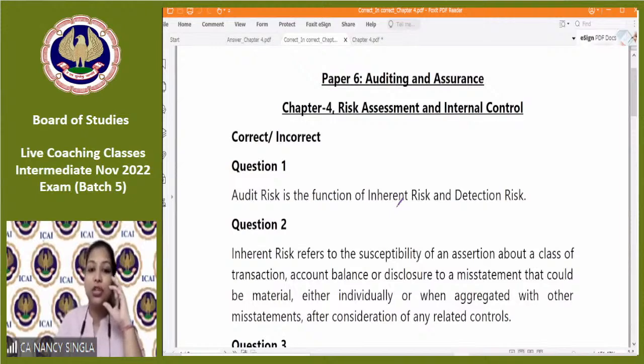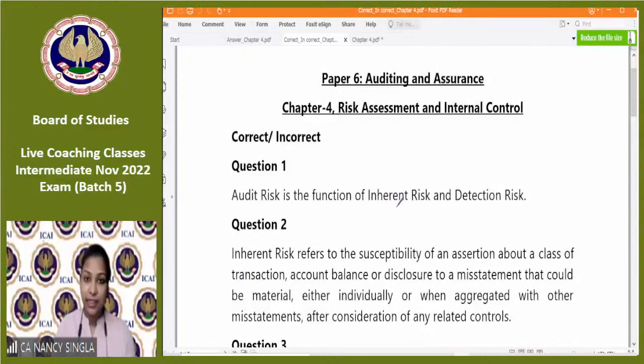Audit risk is the function of inherent risk and detection risk. Quickly send in your replies. I have stopped here and I'm discussing the questions because many of you were saying since the first section of chapter number 4 that ma'am, please discuss some of the MCQs. We will cover the rest of the chapter, 15 pages are left, in the next session.